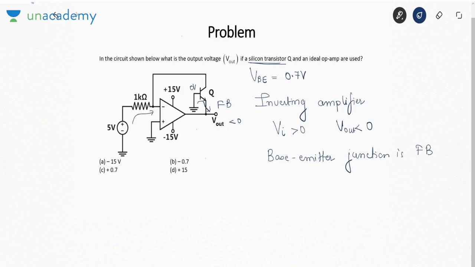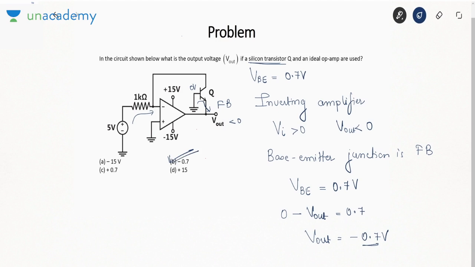Okay. In that case, VBE equal to 0.7. That means base voltage is 0, emitter voltage is V out. It is equal to 0.7. So V out is minus 0.7 volt. Okay. So the answer would be B.